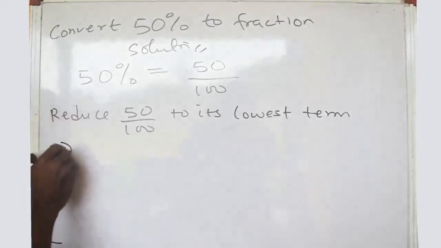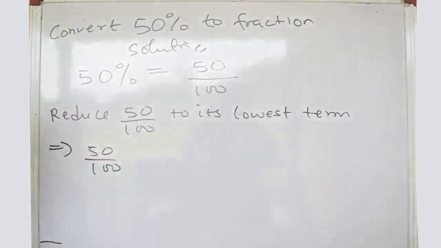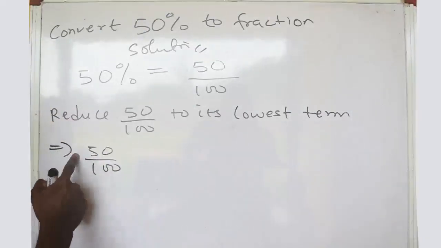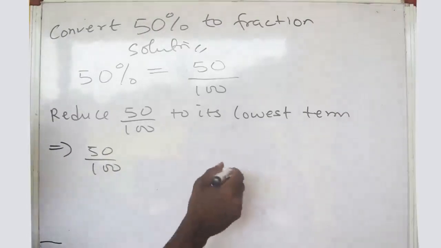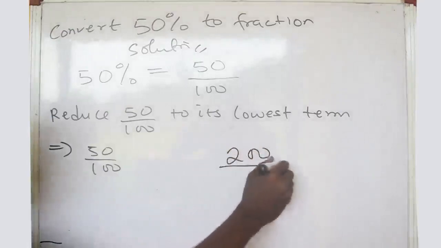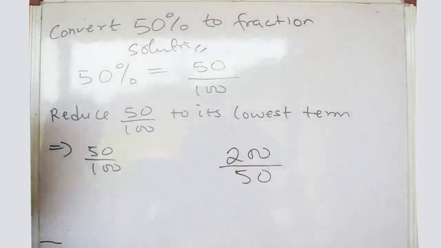So in this regard, it implies that 50 all over 100 will be, to make it short, to cut them out, we know that 2 can go, 5 can go, 10 can go, even 25 can go, 50 can as well divide. But anytime you say mathematics, let's say you are giving 100 divided by 50, 200 divided by 50.